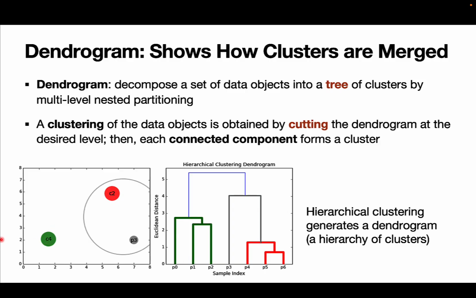On the left side, the algorithm progressively merges data points into clusters. Smaller groups form larger ones step by step. On the right side, a dendrogram is being constructed, which is essentially a tree diagram that records the sequence of these merges.